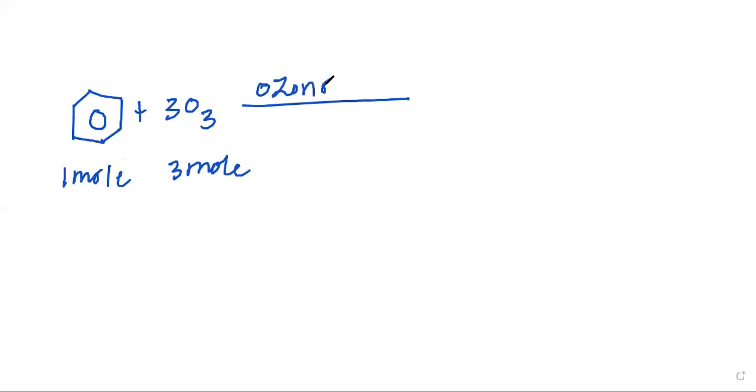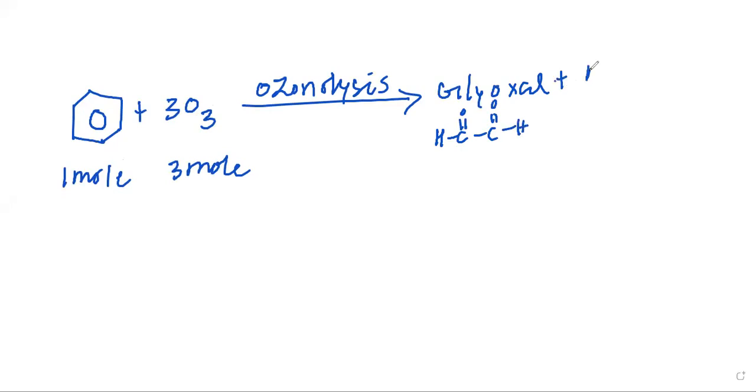If benzene undergoes ozonolysis, here we take 1 mole of benzene, here we use 3 moles of ozone, and then if ozonolysis takes place, we will get various products like glyoxal, H, C double bond O, C double bond O, and H. We may get methyl glyoxal, that is your CH3, C double bond O, C double bond O, H.